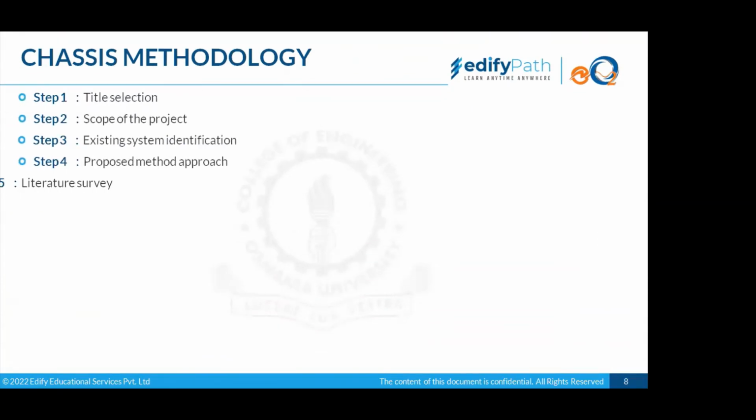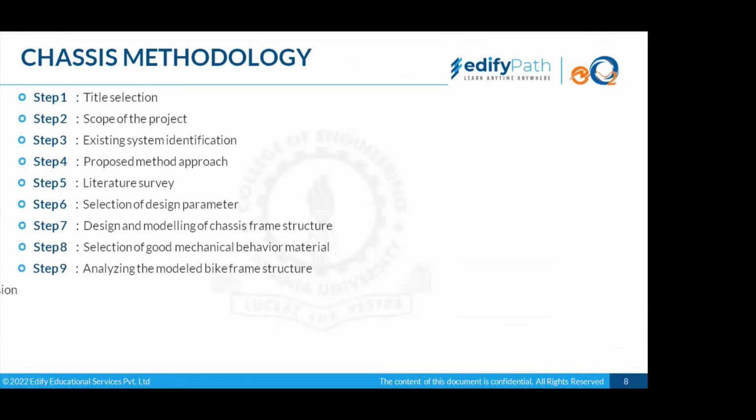So the chassis methodology, like how do you design a chassis. First is title selection, scope. Say there is a project on the designing of the chassis. Then title selection, scope of the project, existing system identification, proposed method approach, literature survey, selection of design parameters, design and modeling of chassis frame structure, selection of good mechanical behavior material, analyzing the modeled bike frame structure, and resultant discussion.